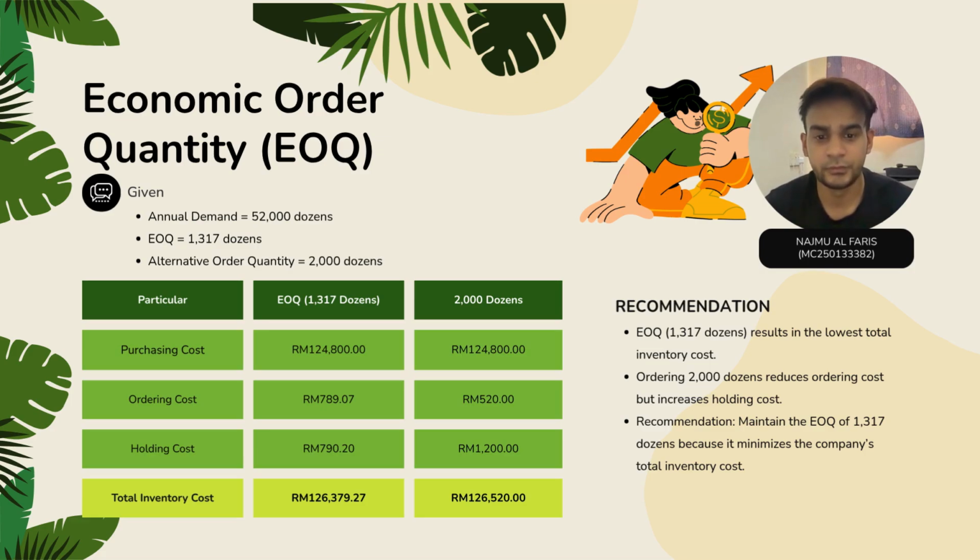Therefore, we recommend that the company maintain the EOQ of 1,317 dozens because it produces the lowest total inventory cost. Although ordering 2,000 dozens reduces the ordering cost, the increase in holding cost is greater than the savings achieved. Therefore, the EOQ policy provides the most cost-effective inventory management decision.